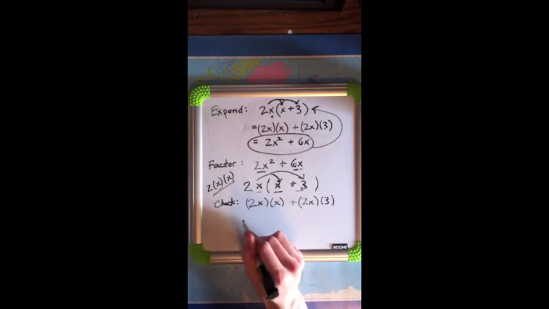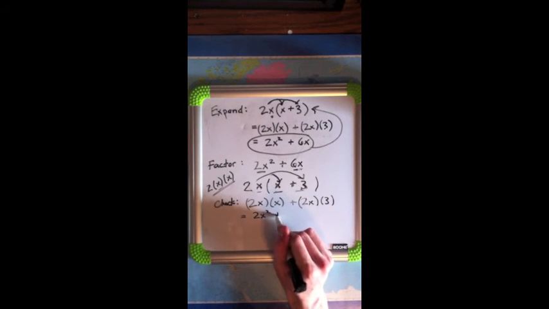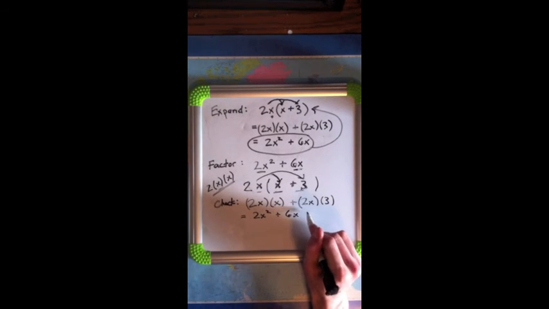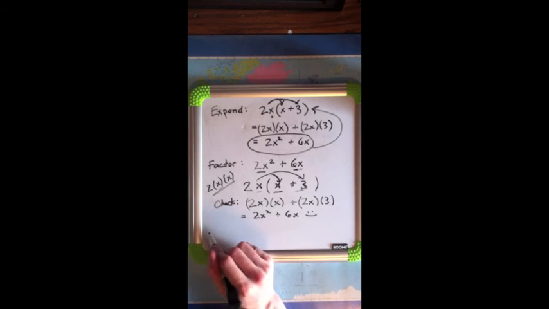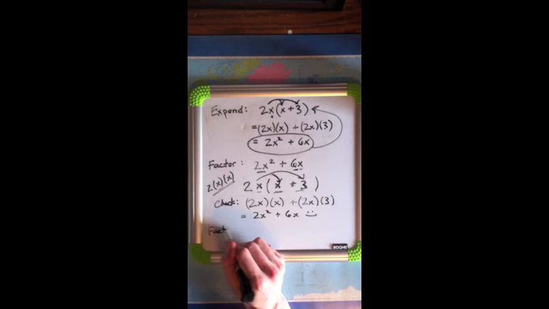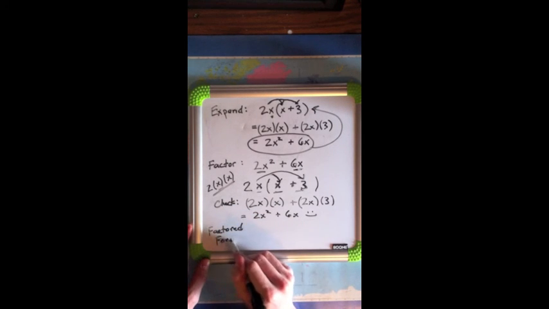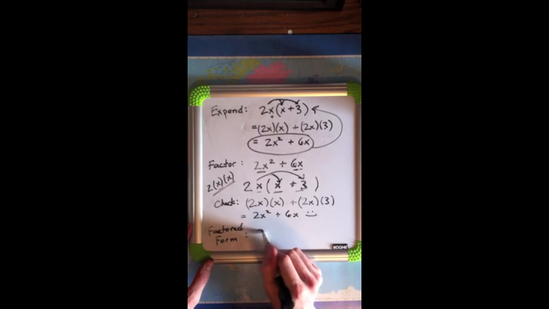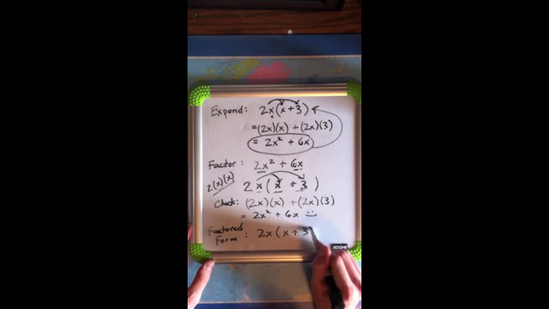And when we expand that out, we get 2x squared plus 6x. So you can see that it does work. And thus our factored form is 2x times x plus 3.